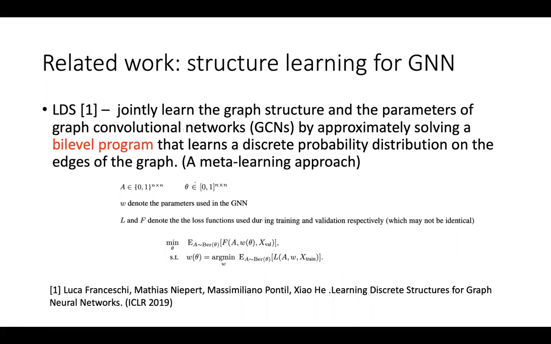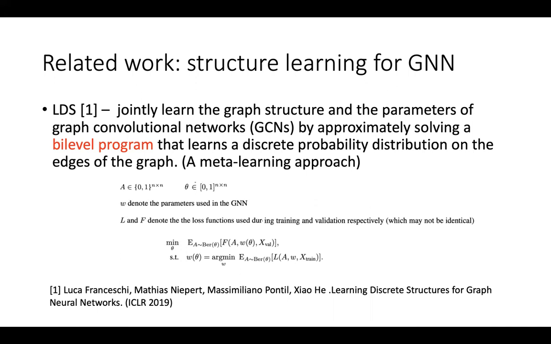This work is built upon a prior work that Neil has previously briefly mentioned, which is called LDS from ICLR 2019. That paper proposed to jointly learn the graph structure and the parameters of graph neural networks by approximately solving a bi-level program that learns a discrete probability distribution on the edges of the graph.